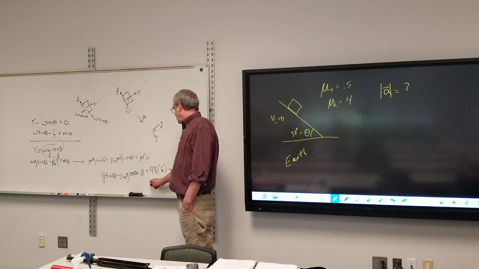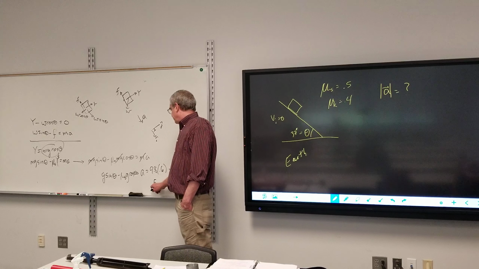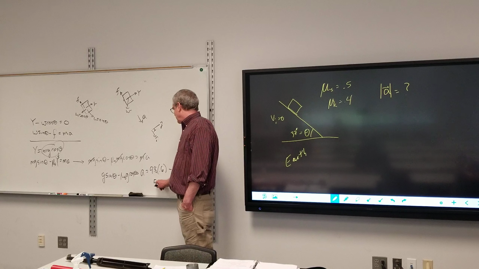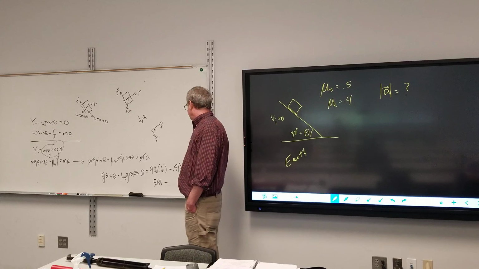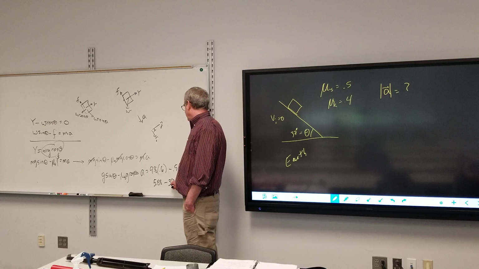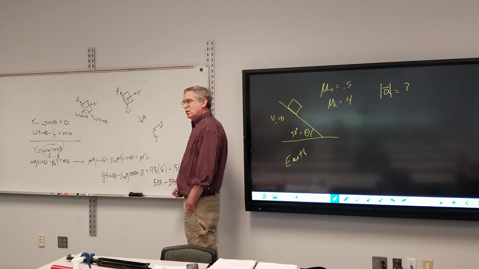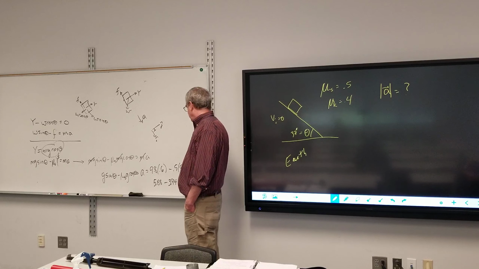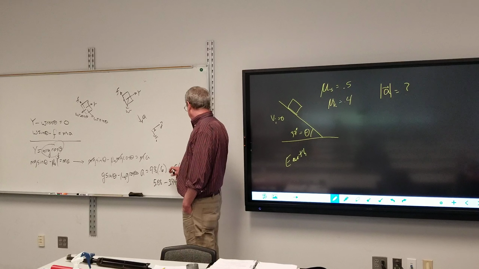6 times 8 is 48, so 5.88 minus 3.94. 1.98, so one of these numbers is wrong.